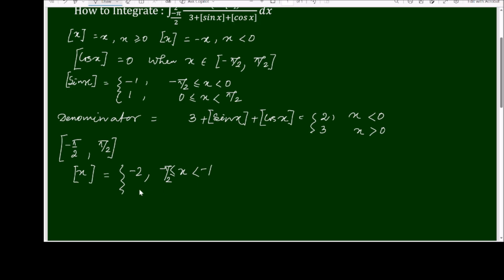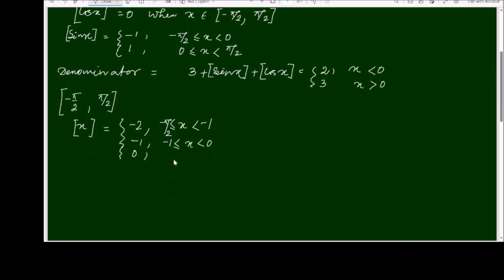It is negative 1 when x is from negative 1 to less than 0. Again, it is 0 when x is from 0 to less than 1. And it takes the value 1 when x is from 1 to less than 2.